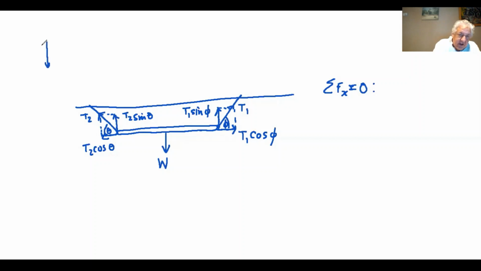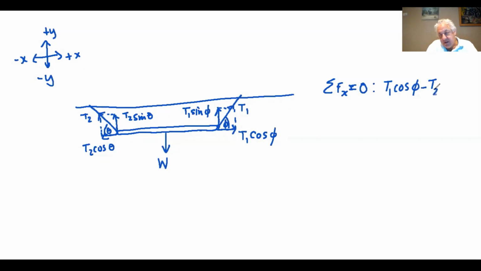Again, if I define plus y, minus y, plus x, minus x, this one's in the positive direction, this one's in the negative direction. So I've got T1 cos phi minus T2 cos theta equals 0.